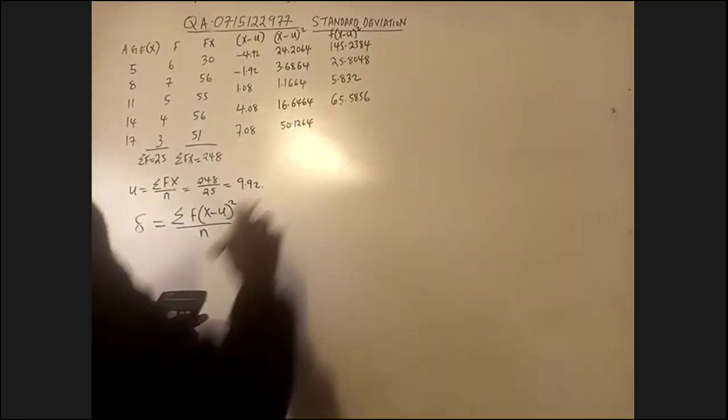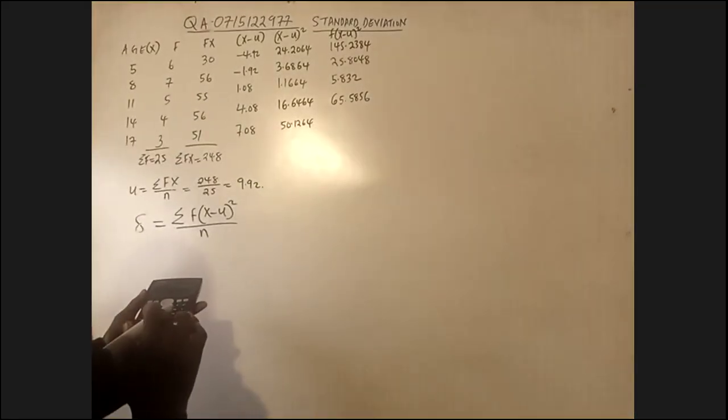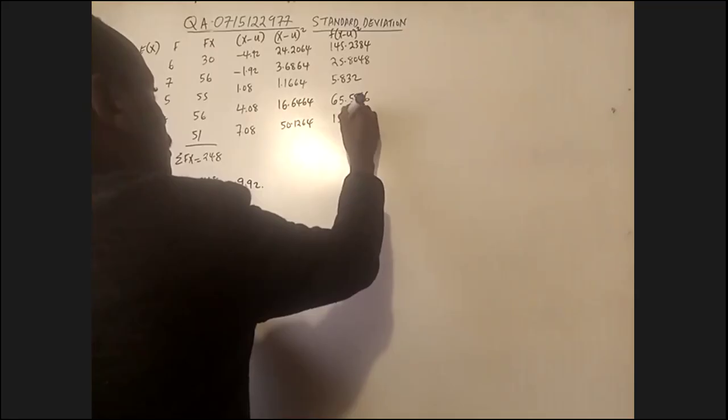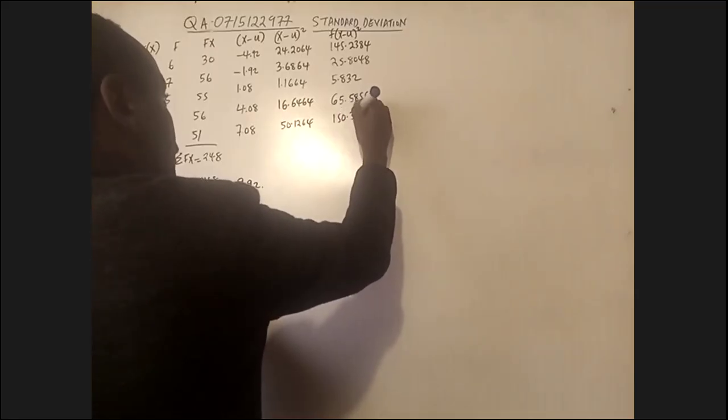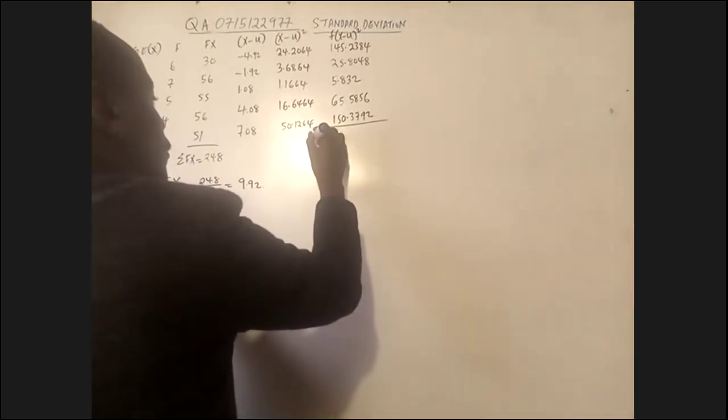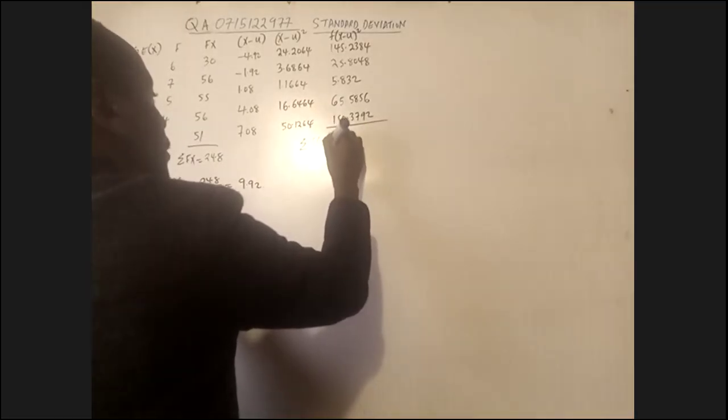Then 50.1264 times 3 is 150.3792. So this gives the summation of frequency times x minus mu squared.